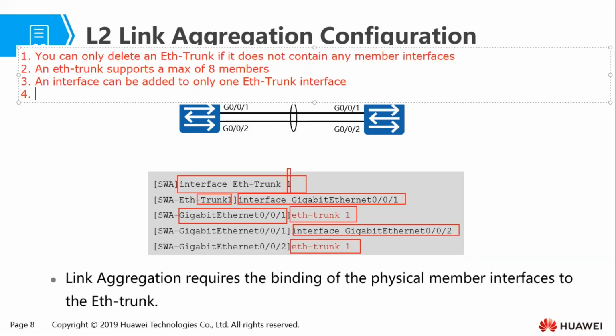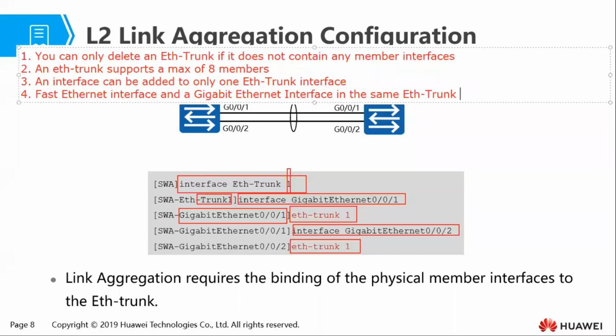The other thing we've said is that in terms of speed, you cannot add a fast Ethernet interface and a gigabit Ethernet interface in one Ethernet trunk, in the same Ethernet trunk.